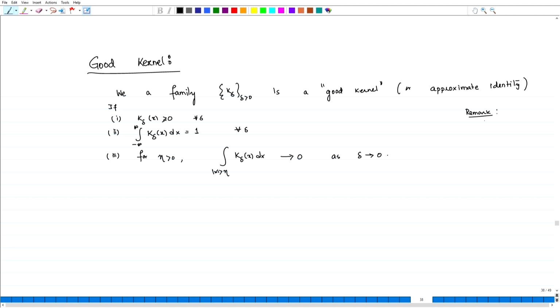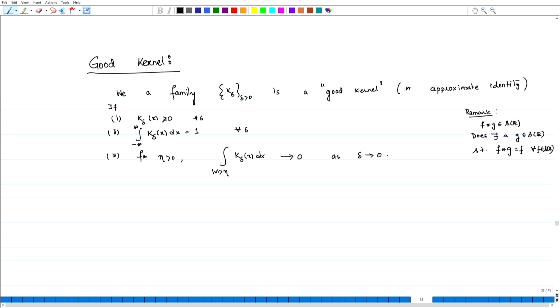As a remark, we have seen that f convolution g is in the Schwartz space. So, like in the Fourier series, we can ask: does there exist a G in the Schwartz space such that f convolution G is equal to f for all f in the Schwartz space? If this happens, then we say that the Schwartz space has an identity under convolution.